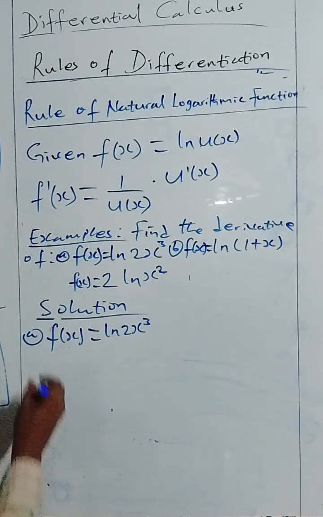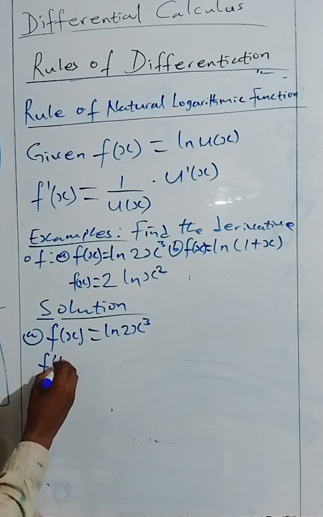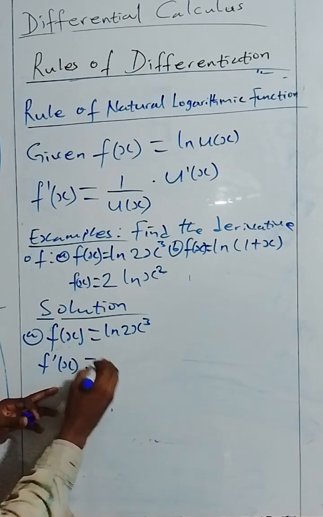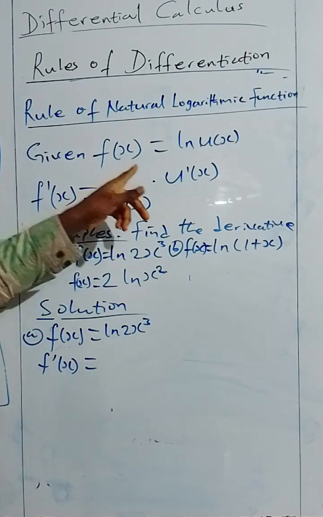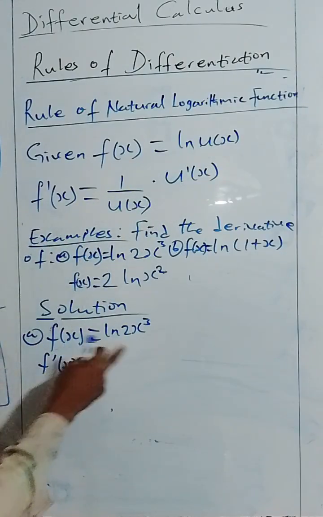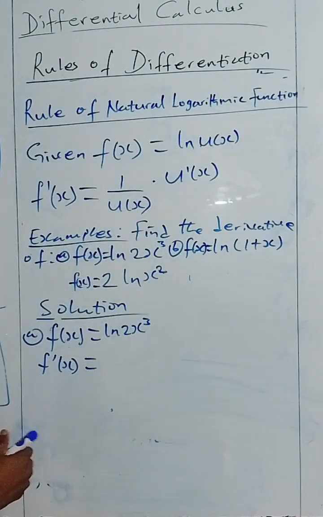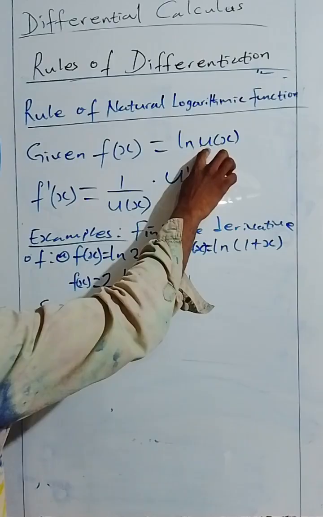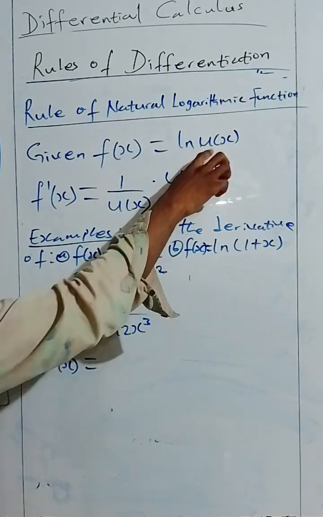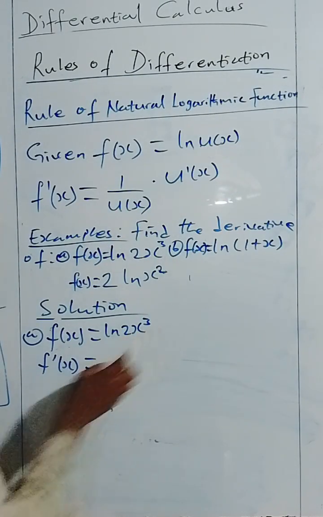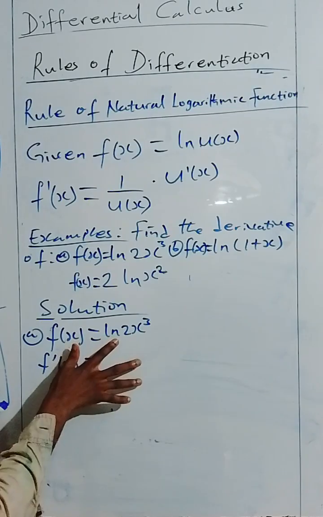Now f prime of x is equal to this. The rule says the derivative of this function is the reciprocal of the function inside, which is u of x. The u of x here is simply 2x raised to the power 3, anything apart from ln.